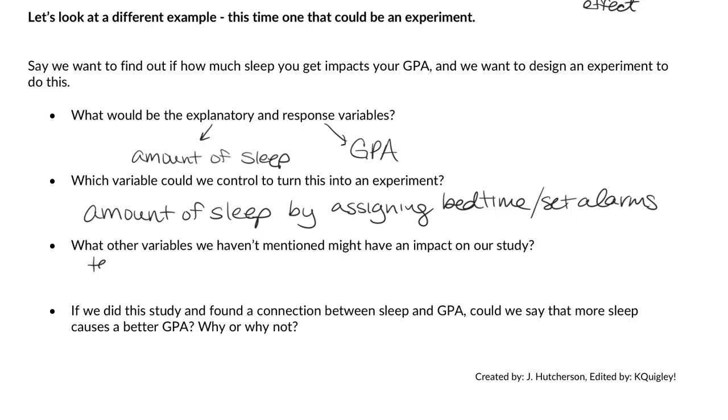So teachers slash classes. What else could we have not thought about controlling here that would change maybe our results? Extracurriculars. What else? Learning disabilities.